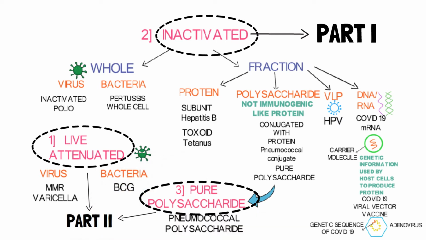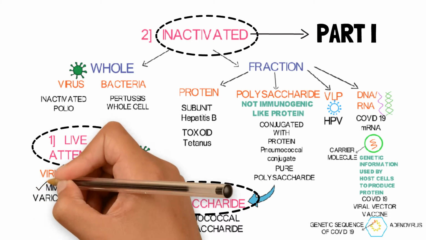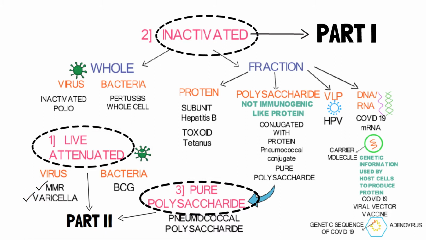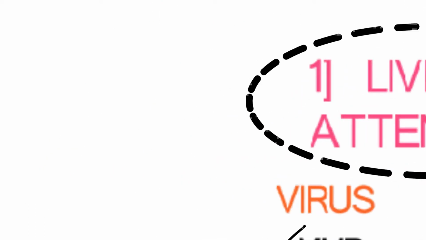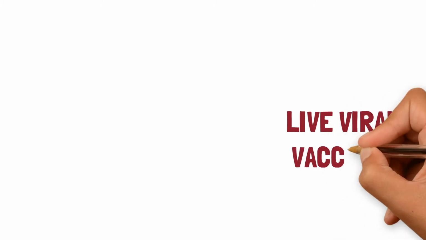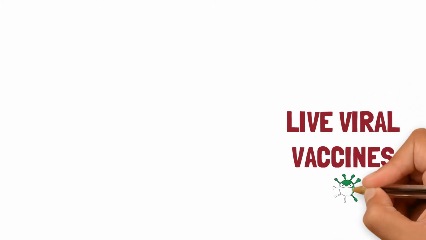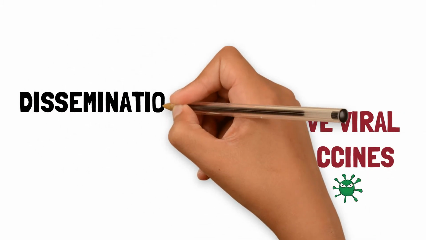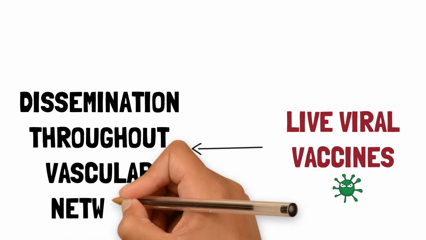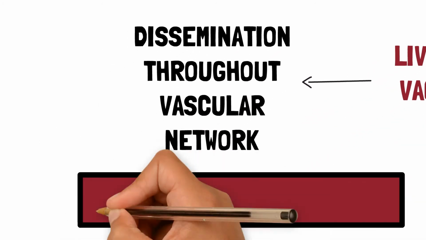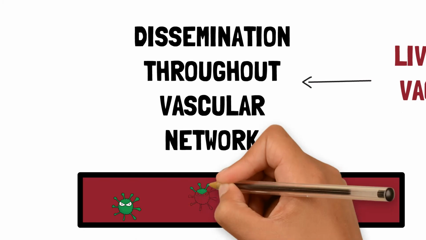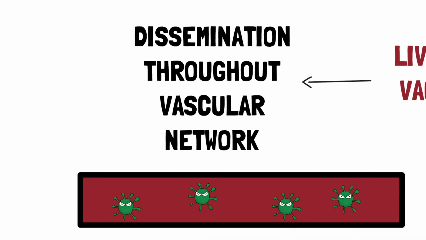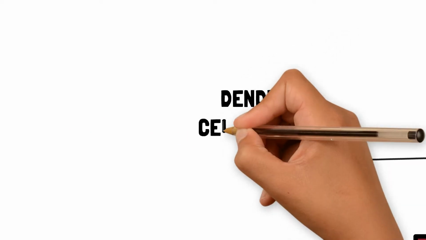Live viral vaccines examples include measles, mumps, rubella, and varicella vaccine. A live bacteria example is BCG. Let's talk about live viral vaccines. From the site of injection, viral particles replicate and disseminate throughout the vascular network, and then they activate dendritic cells at multiple sites.